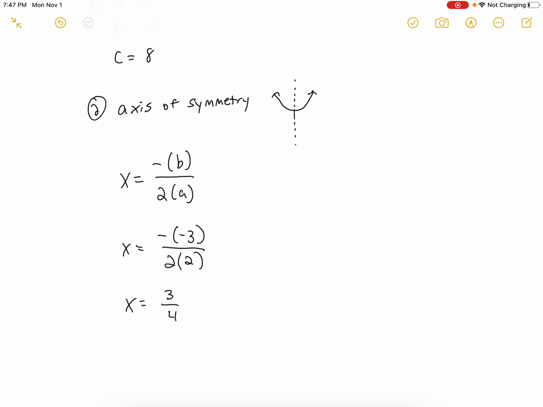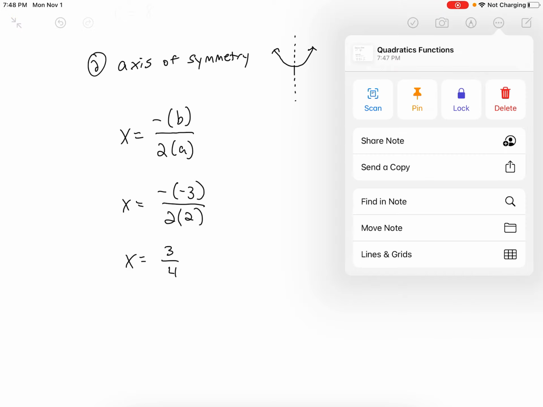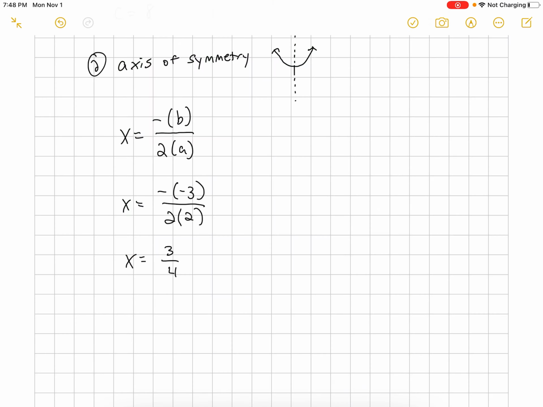Okay, so my axis of symmetry for this quadratic will be the first thing that I graph. And so let's put a graph up here.